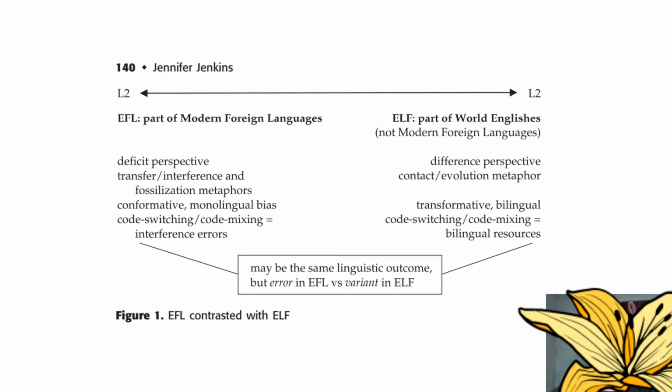Now, Jennifer Jenkins is showing us some differences between these two terms. For example, in EFL, if we use code switching or code mixing, it is seen as an error. It means that we don't know as much English as we expected.